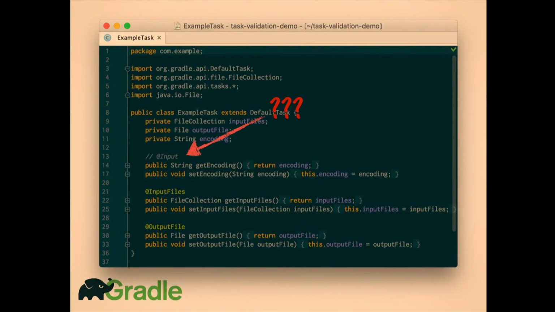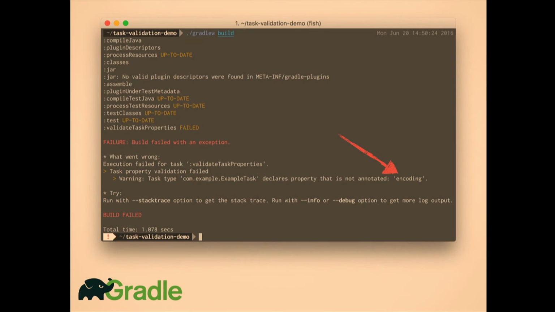Okay, so what are these problems that we can take a look at? One of them is of course missing annotations or incorrect annotations, and one of the things we can do, and the 3.0 milestones already include this: if you forget annotating your properties and you're using the Gradle plugin development plugin, then it's going to tell you that, hey, you're missing some annotation there, and you should make a decision whether this is an input or an output.